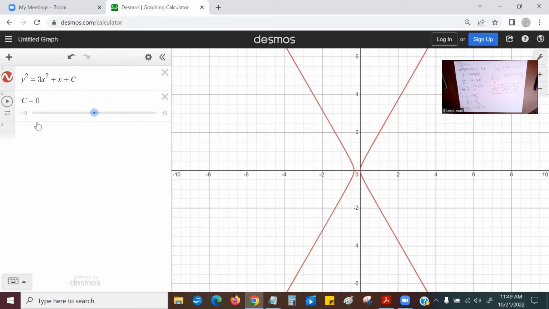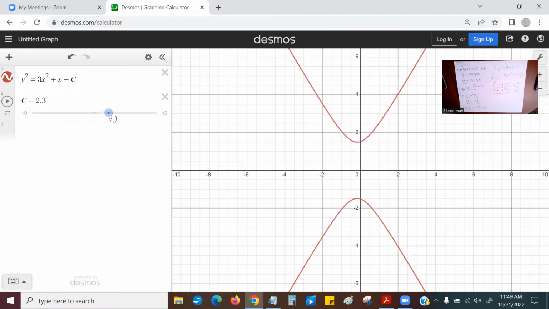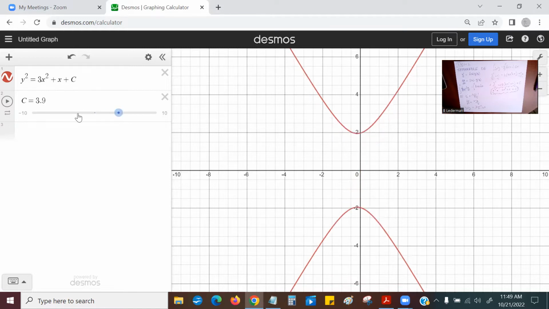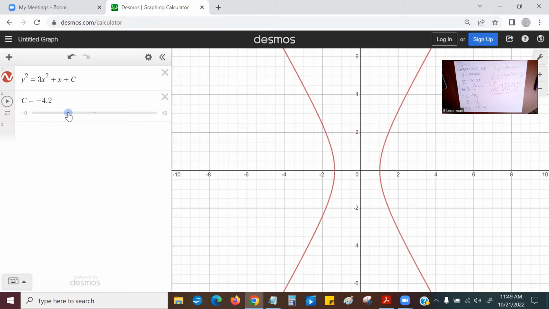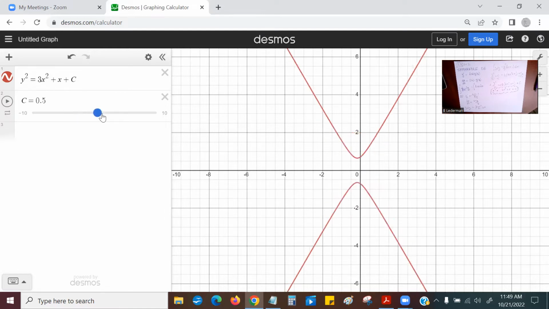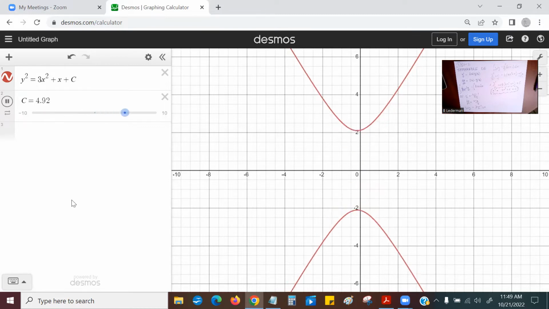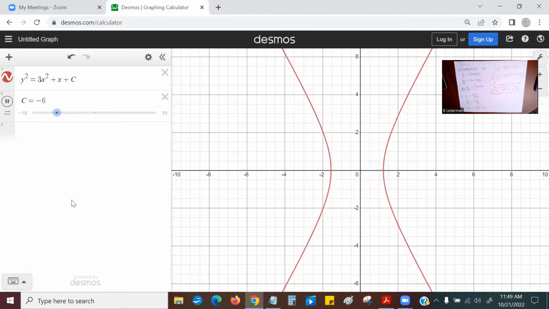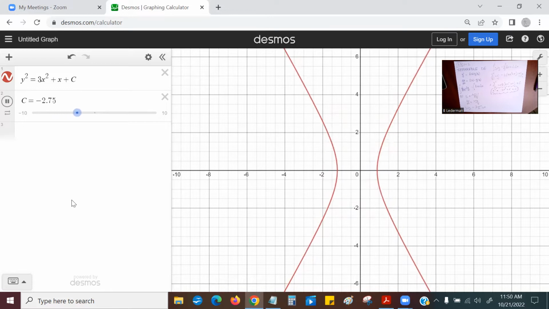Let's see what happens. I'm going to let c move around. If c moves, look what happens to this. That's kind of awesome. Let's let it move. I notice that when c is positive, oh, and it switches when it's negative.